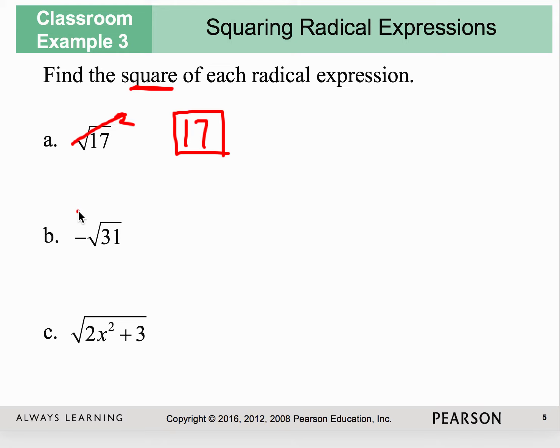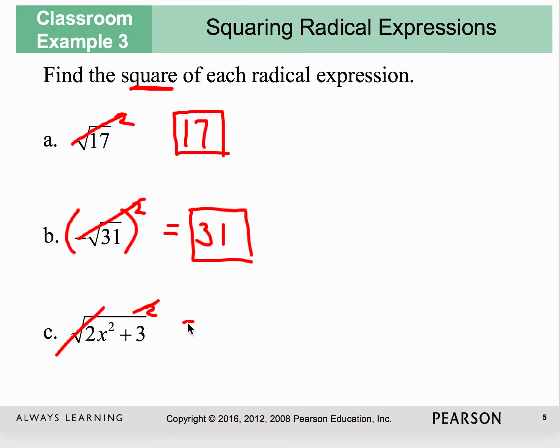All right, now I've got to square this whole expression. Square the whole expression. So when you square a negative, it's positive. And then when you square a square root, it gets to cancel. When you square a square root, it just undoes it and leaves whatever is under the square root.